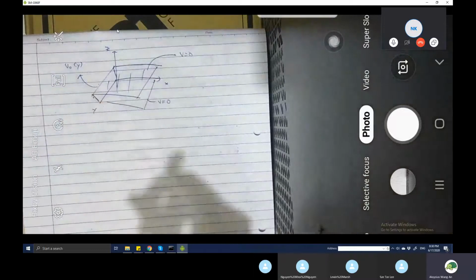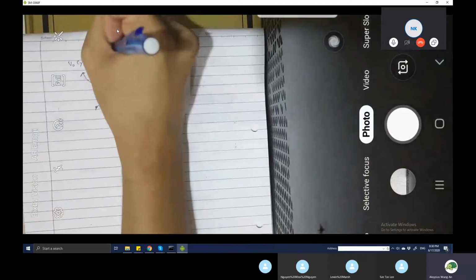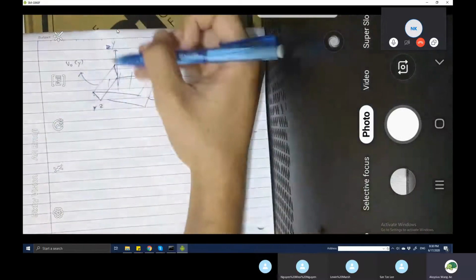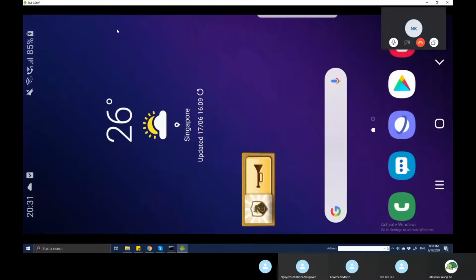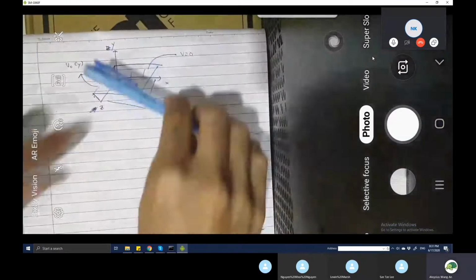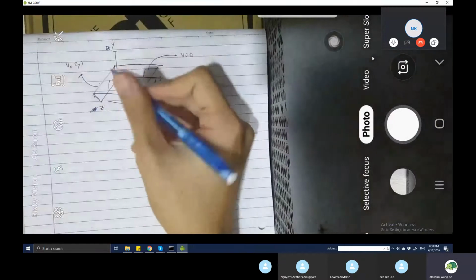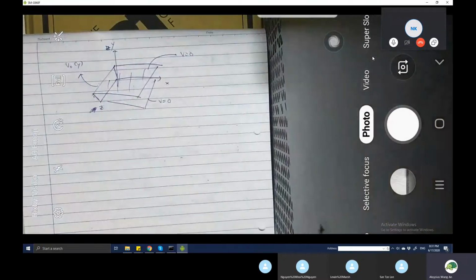I've labeled this slightly differently in my worksheet, I'll just follow that. So there is no partial v partial y term in this particular case. Oh yeah, because the plane extends this way, there is no change when you move along the z-axis. So your partial v partial z term is 0.